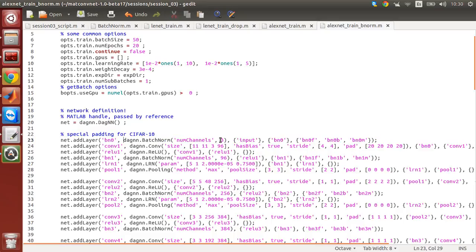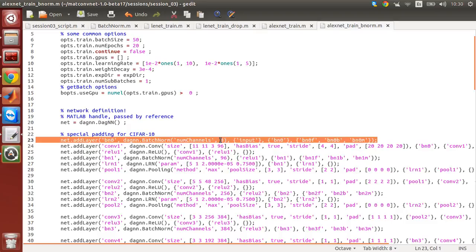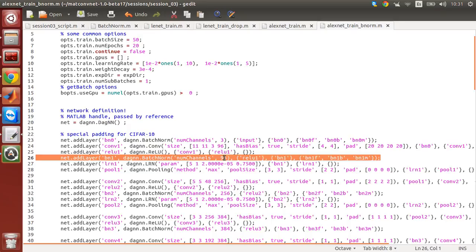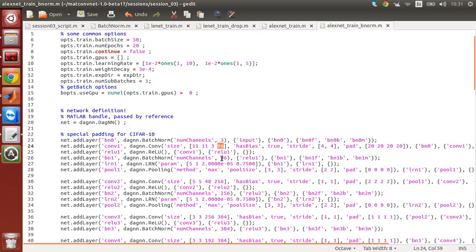So for example, if we set a batch normalization layer at the beginning of the net, it's going to receive the input images that have 3 channels. So we need to indicate that the number of channels is 3. And then we're going to set up a batch normalization layer after each ReLU. So we have one after ReLU 1 with 96 channels, matching the number of output channels of the last convolution. We have one after ReLU 2, again matching the number of output channels.